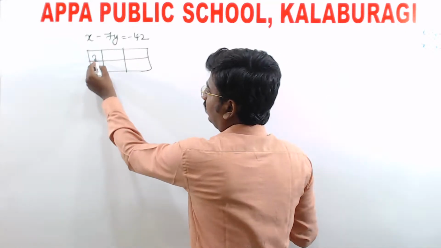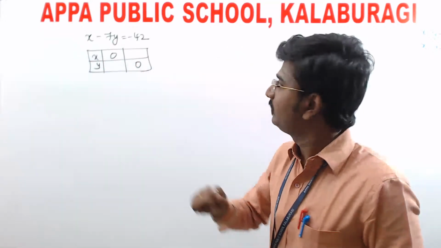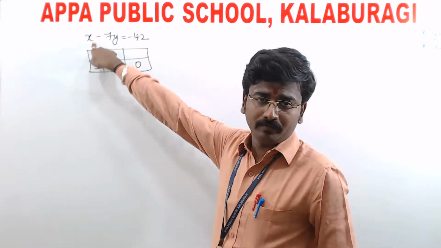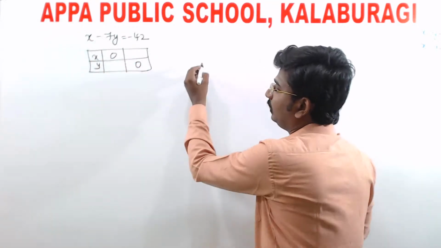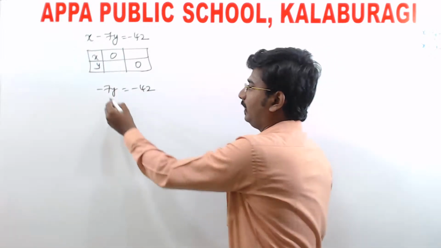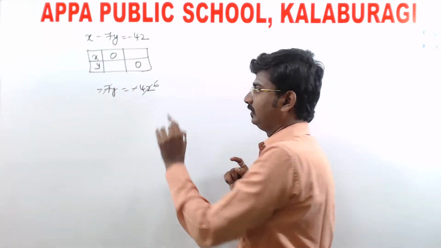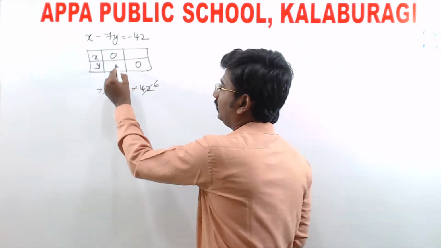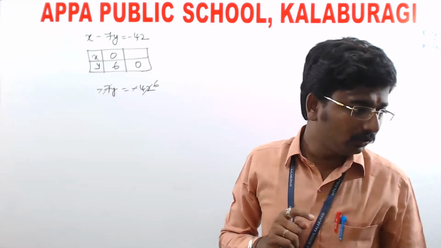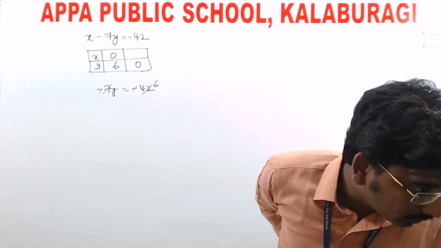When x is 0, you get minus 7y equal to minus 42. Minus minus cancel, 7 sixes are 42, so y is 6. So the point is 0, 6. Check everyone.